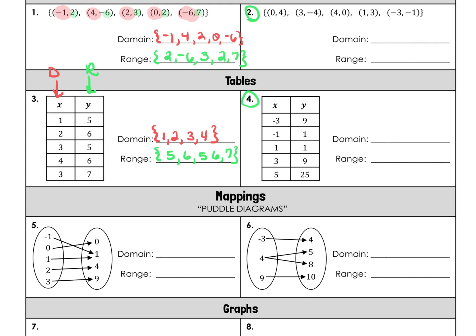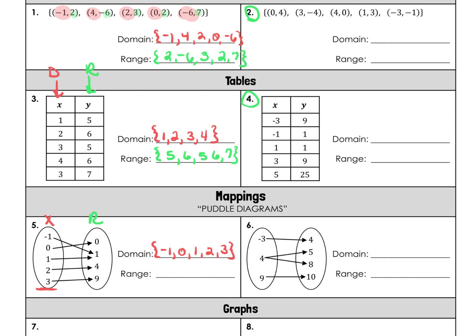Now, when we are looking at mappings, this is your domain, and this is your range. So your domain is going to be this list, which is simply -1, 0, 1, 2, and 3.